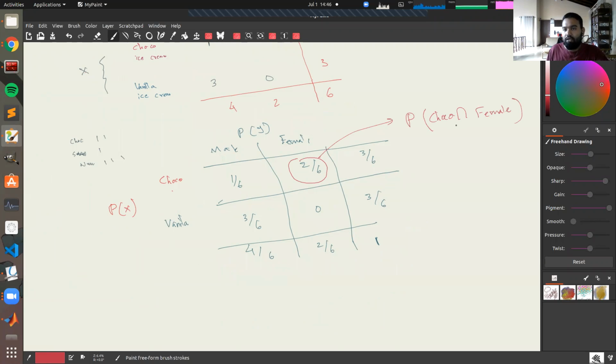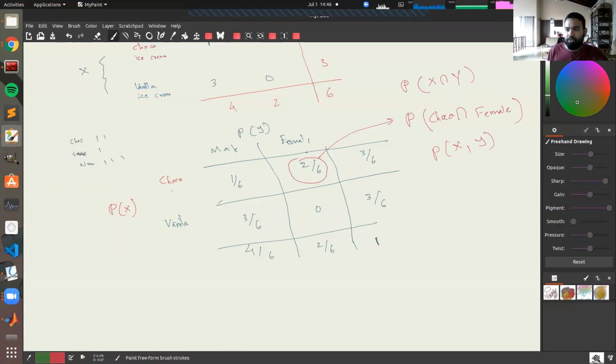This is what we call a joint probability. The way we would write this mathematically is P(X, Y). That's one way we write it. Another way we write it is P(X, Y) like this as well. All of these are different ways you can represent this joint probability.